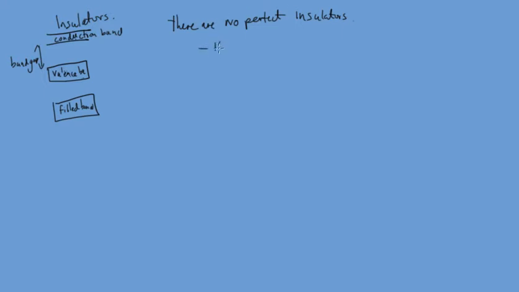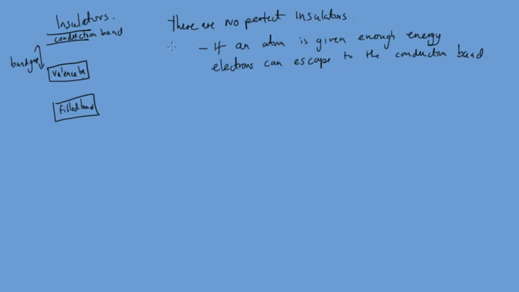So if an atom is given enough energy, electrons can escape to the conduction band. And when that happens, we can then force an insulator to conduct electricity.